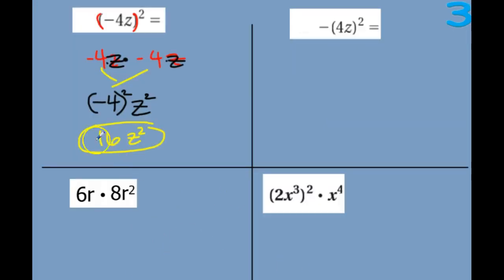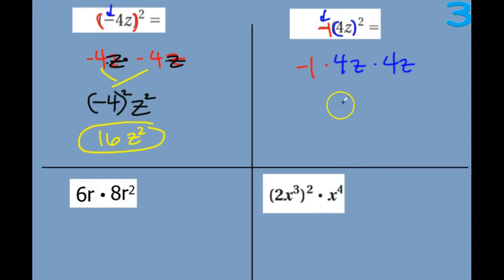The reason why I've multiplied this one out is because this question is almost identical. It's just a little bit different because the negative here is on the outside instead of on the inside. So we're only going to write 2 times whatever's on the inside, 4z and 4z. This negative is really a negative 1 out front.